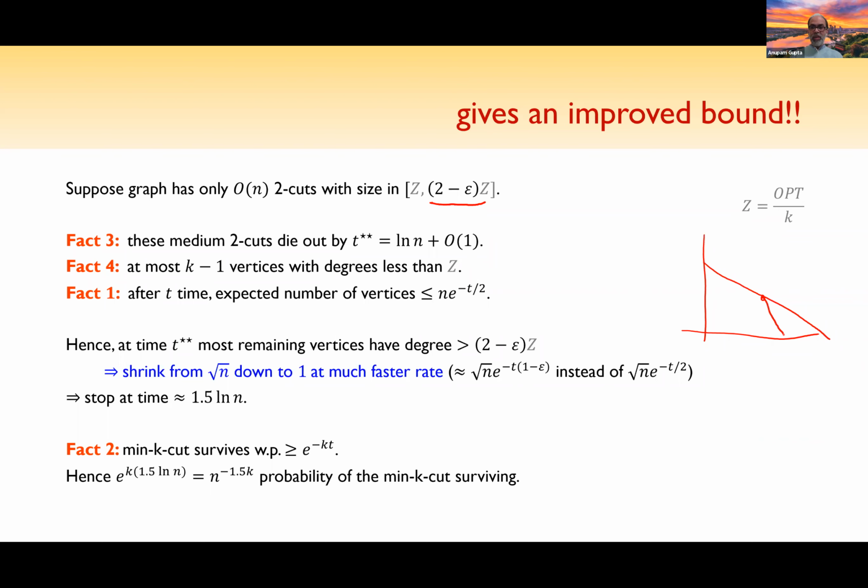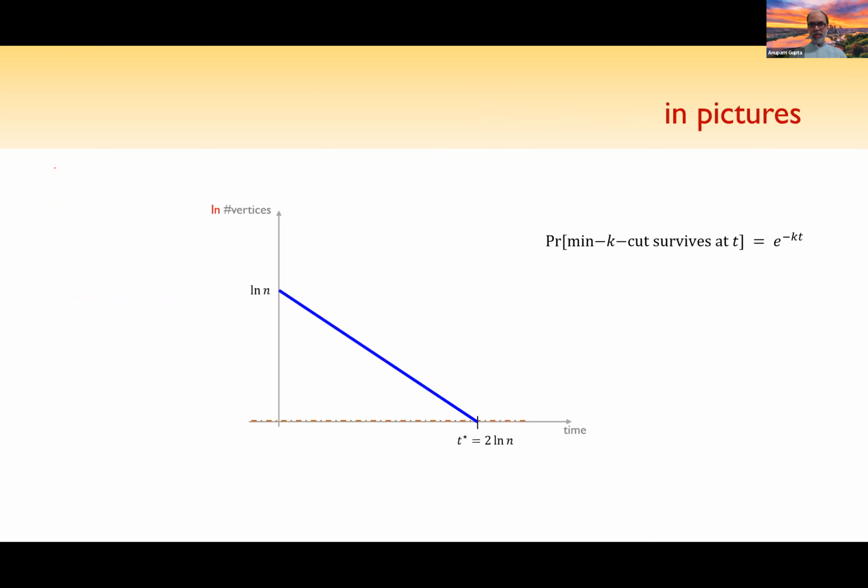So the probability of hitting a k-cut is smaller. So I'm more likely to succeed. And that's pretty much it. All this, of course, is contingent on this assumption: suppose the graph has a small number of 2-cuts of this size. So this is what we need to prove.